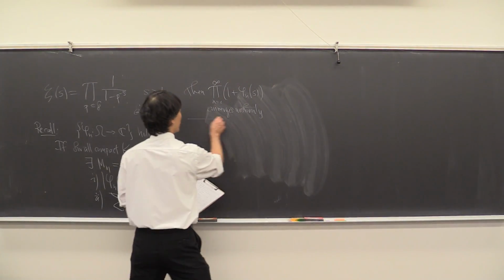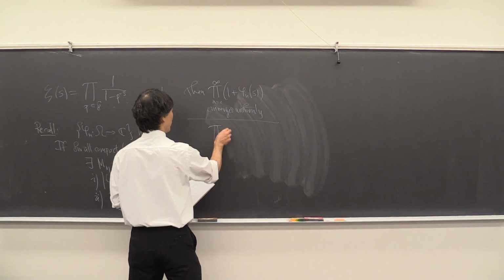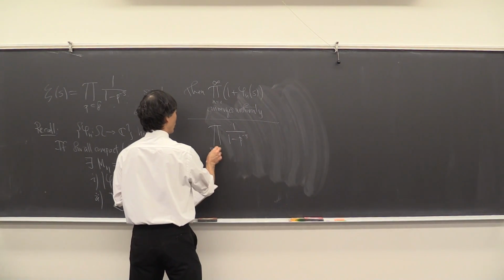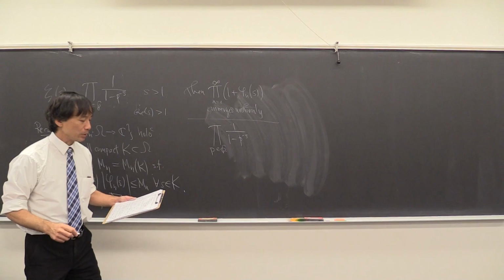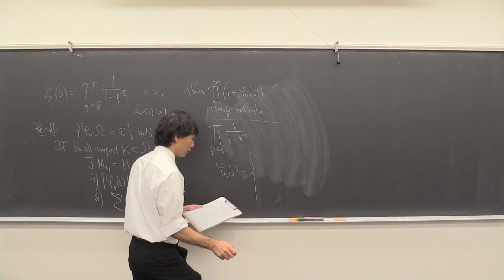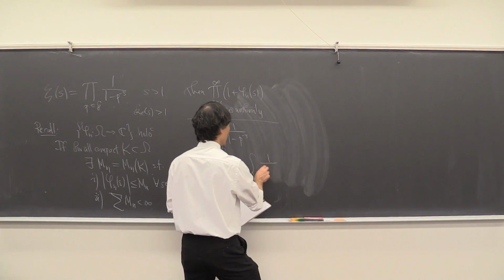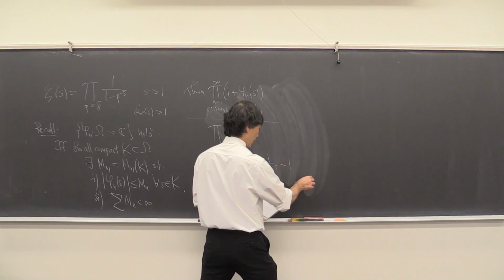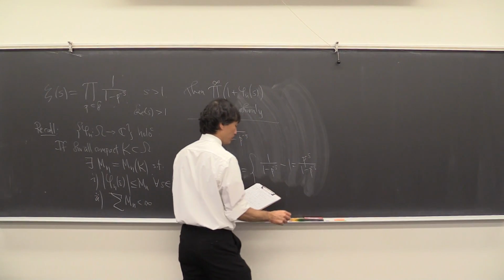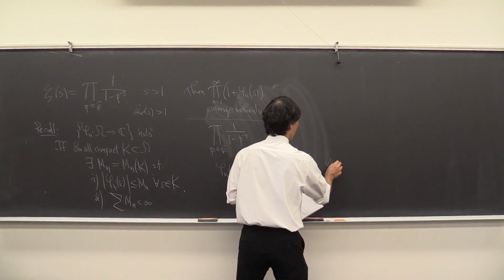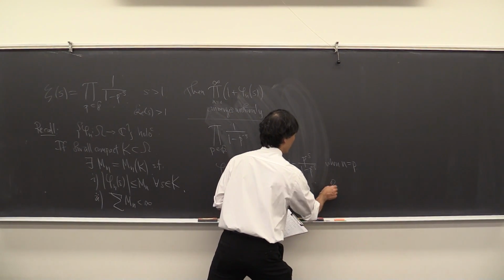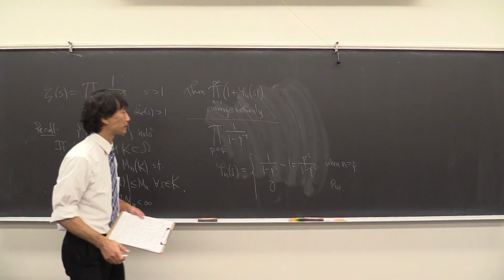So in this case, right, we have this thing over all primes, and so our phi sub n are going to be just the terms minus 1, right? That is to say, p to the minus s over 1 minus p to the minus s, when n is a prime, and then 0 when you have a composite number.